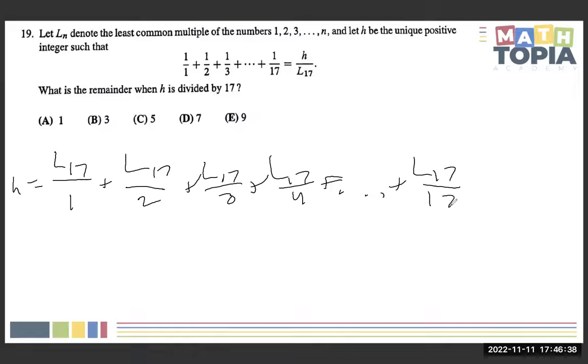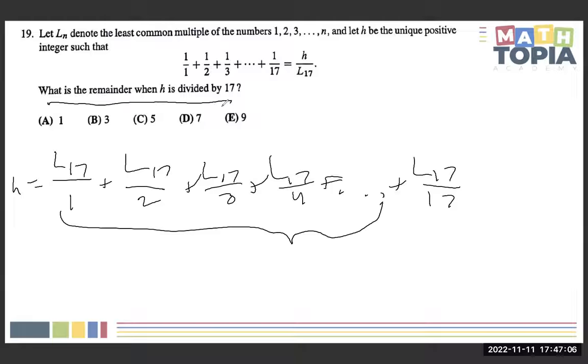But there's a key thing to note here: L17 is the least common multiple of the numbers from 1 to 17, which means it's a multiple of 17, obviously, but 17 is prime. So from the numbers 1 to 16, we're not dividing the 17 out from L17, which means all of these first 16 terms are multiples of 17, so they don't matter for what the problem is asking.